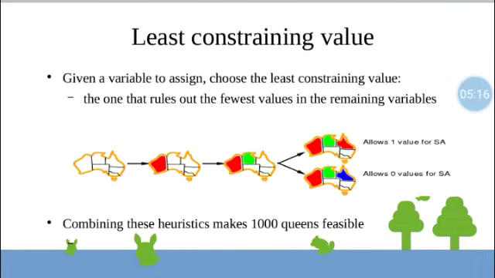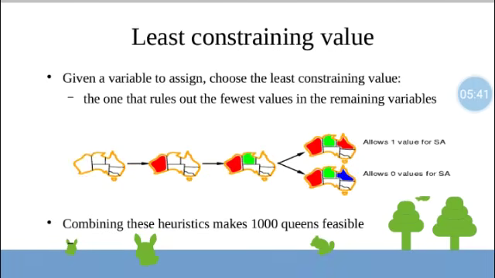Now the next idea is that instead of using the most constrained variable, we can use the least constrained variable. So given a variable to assign, choose the least constrained variable. In this case, Western Australia is the least constrained variable because it has edges with only two areas. So we will give color firstly to Western Australia.